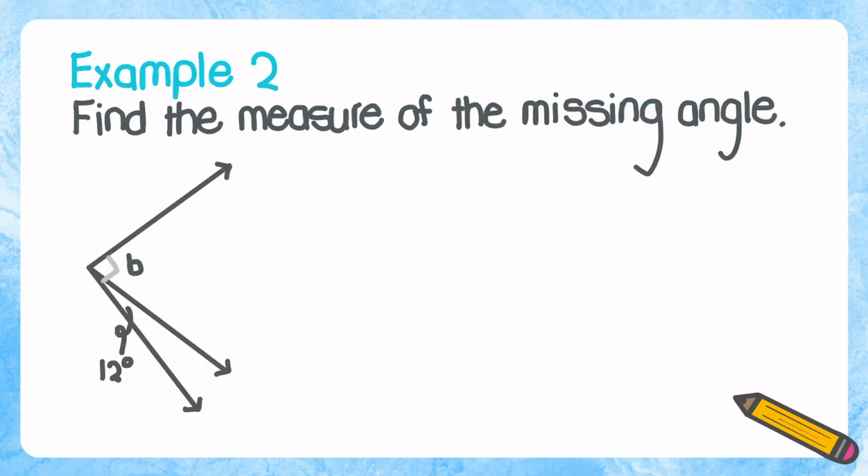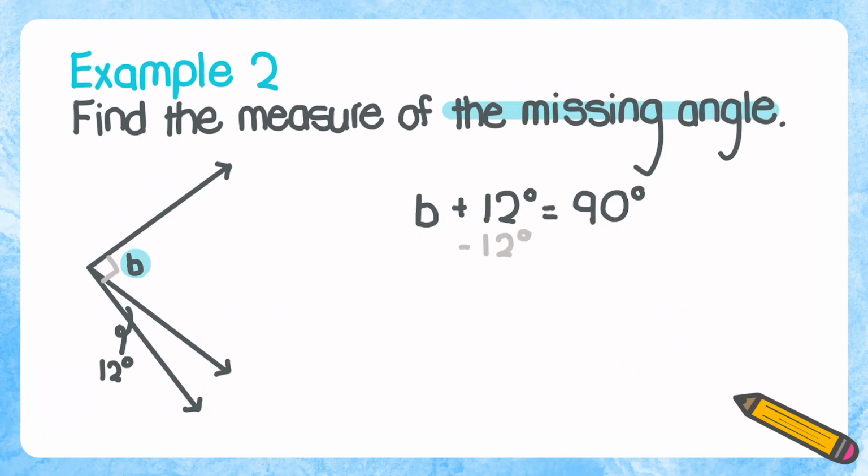Here's another example. We are going to find the measure of the missing angle. Notice again, we have complementary angles, and I know this because I see the right angle symbol. So the missing angle for this example is angle B. And B plus 12 degrees equals 90 degrees because the angles are complementary.